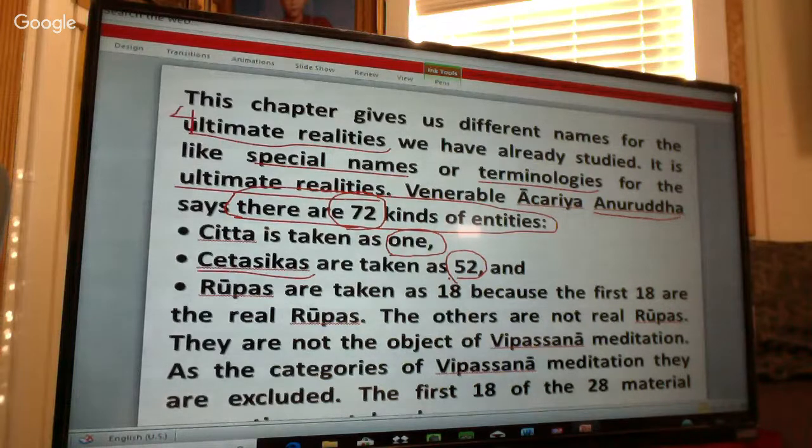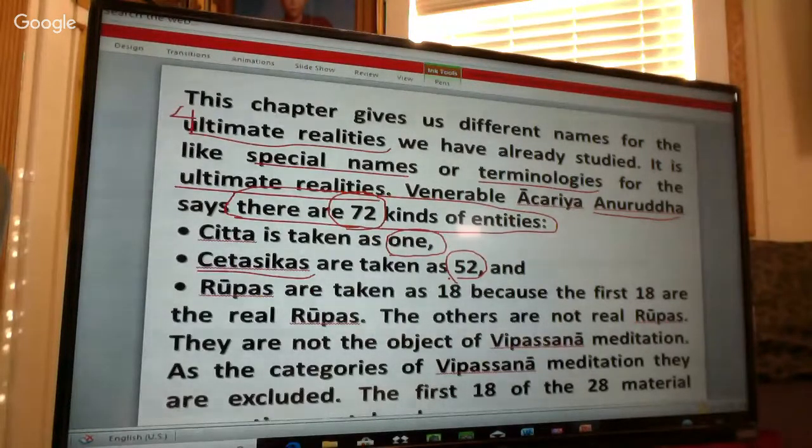Because of perception, we perceive according to the shape, according to the color, according to the conventional truth. The perception perceives the information of the object.